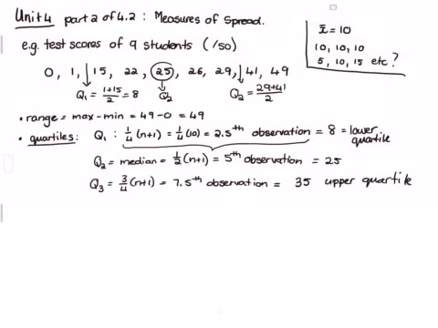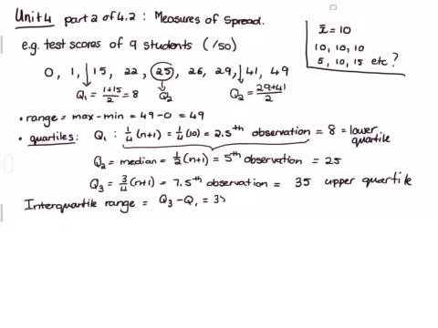Now this tells us such a lot. We've now broken it up into quarters. So what we're saying is that, for instance, let's first do the interquartile range. Interquartile range is your upper quartile minus your lower quartile, the actual values.